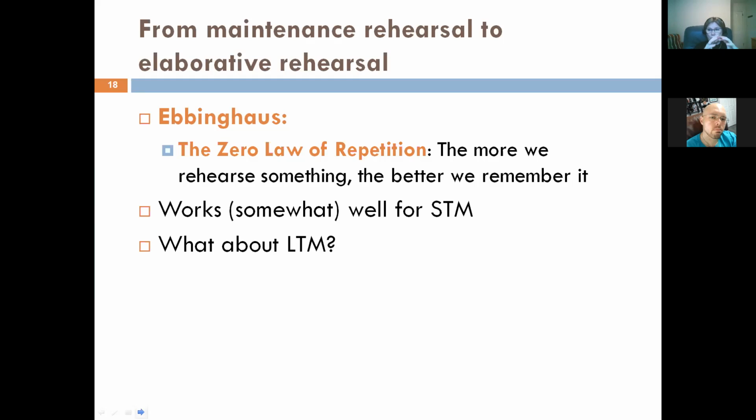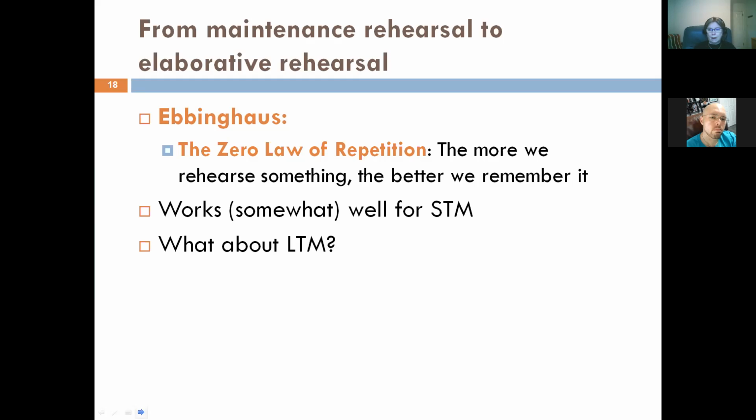He created long lists of nonsensical syllables that consisted of a consonant, vowel, consonant, and he would memorize the list to perfection, and he would let time go by, and then he would try to recall the list, and normally would not recall it perfectly, of course. He also wanted to make sure that each syllable was recalled in the correct order, which is very difficult. And then he would try to relearn the list, and see how long it would take him to lose 40% of information and so on.